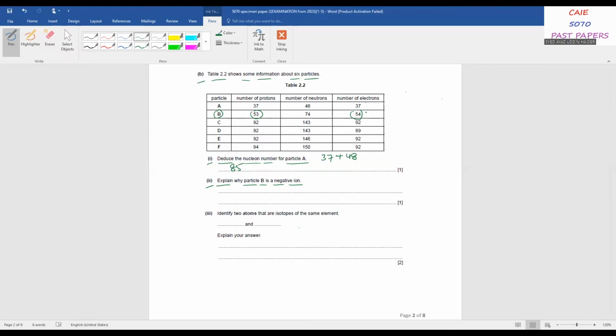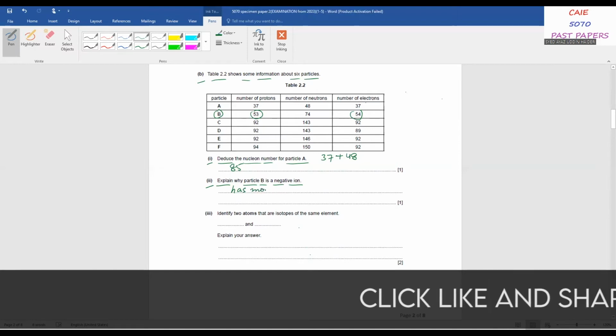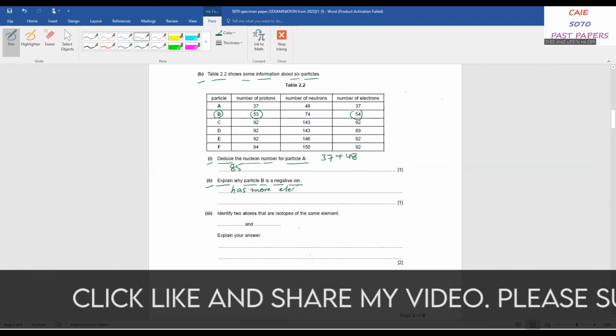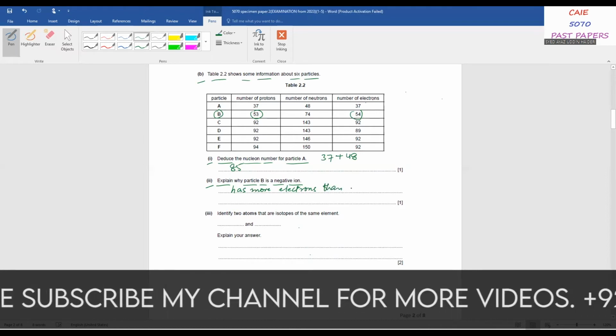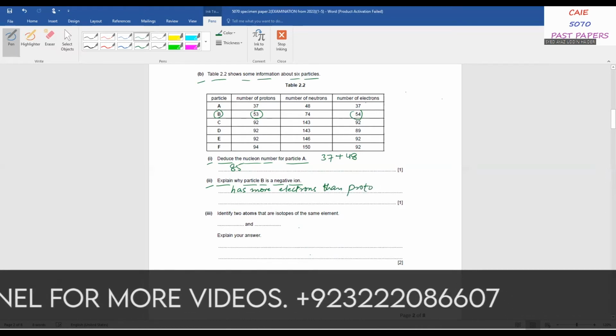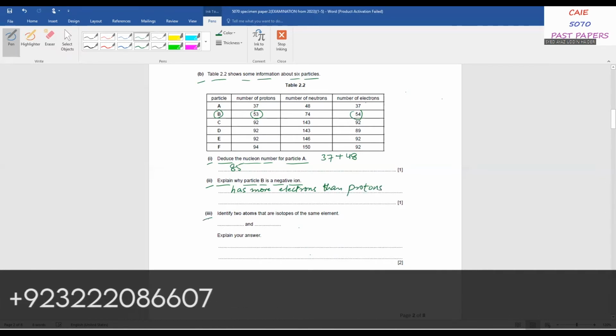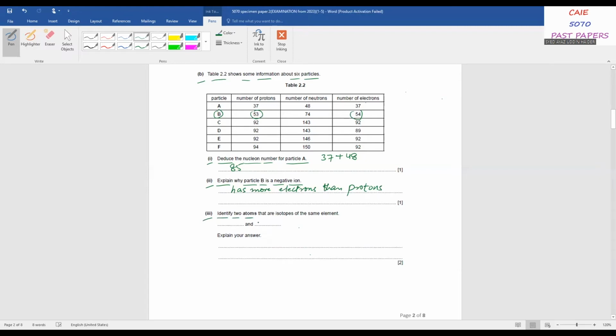So you can write it has more electrons than protons.